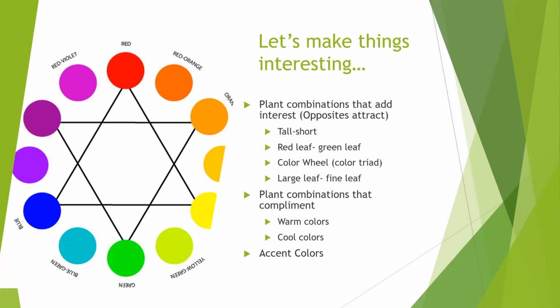When you're thinking about plants, most plants have green already in them because of the leaves. And green tends to be a color that your eye isn't really drawn to. Green is almost a soothing color for your eye because it is in nature.